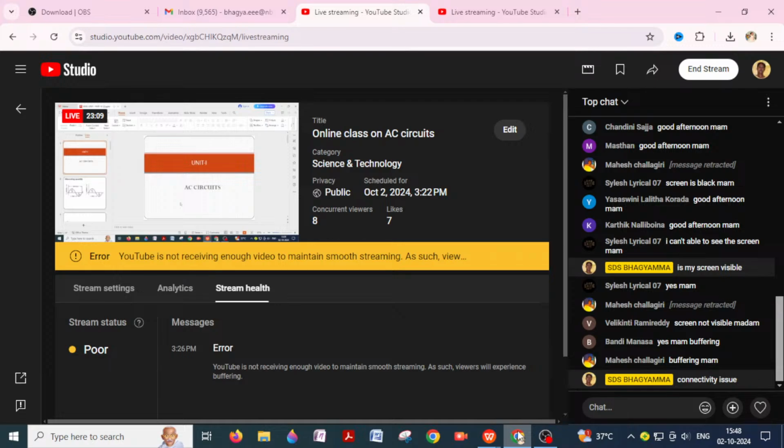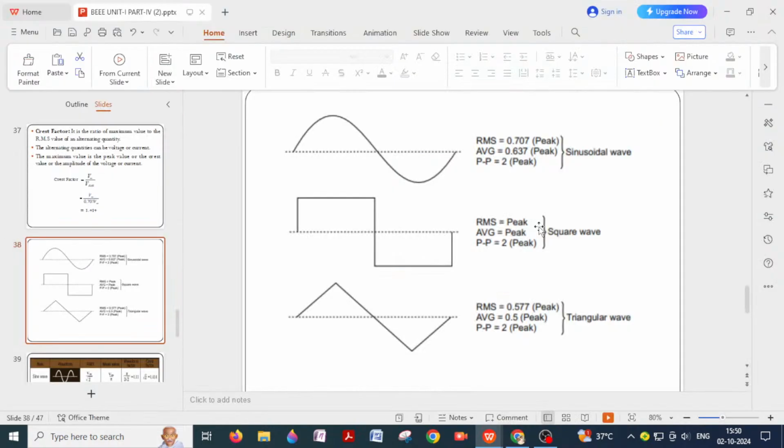Now you can see different waveforms here: sine wave, square wave and triangular wave. RMS value of a sine wave is 0.707 times the maximum value, that is the peak value. For a square wave, RMS value is equal to the peak value, and for a triangular wave RMS value is 0.577 times the peak value.